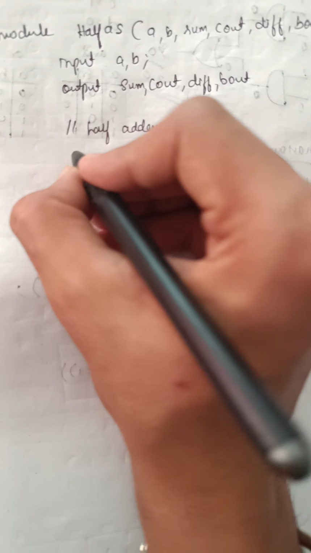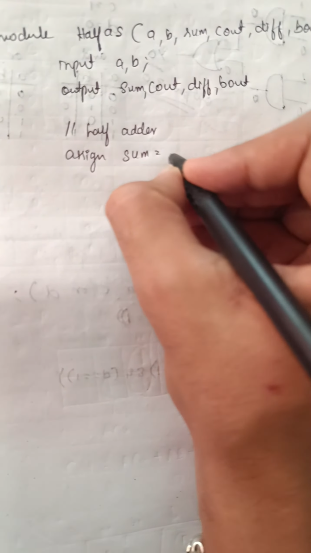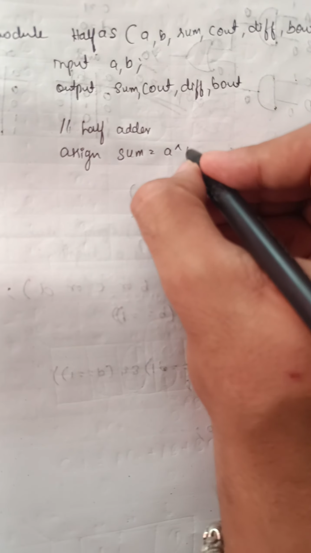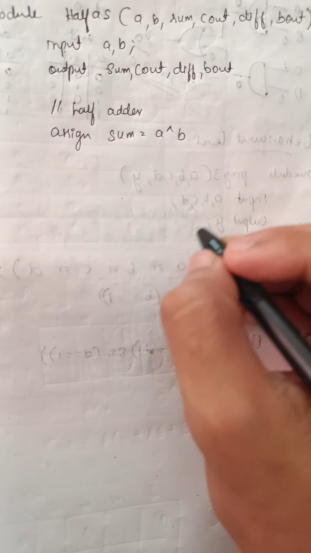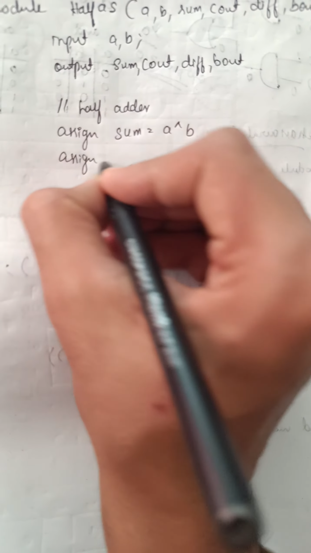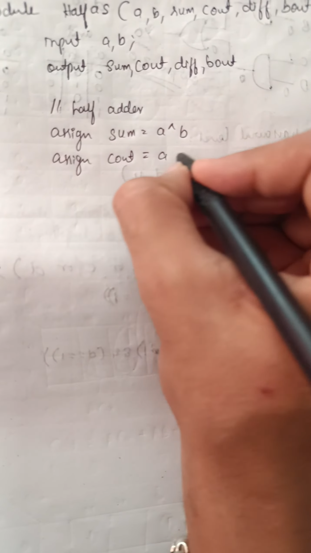We have to assign the values. Assign sum is equal to a XOR b. And assign carry out is equal to a and b.